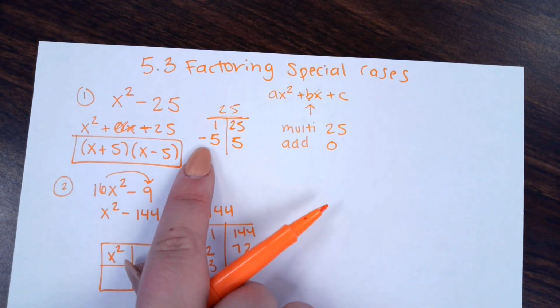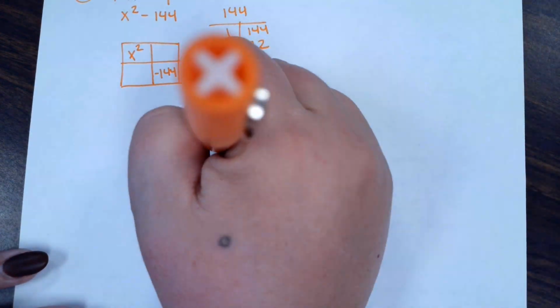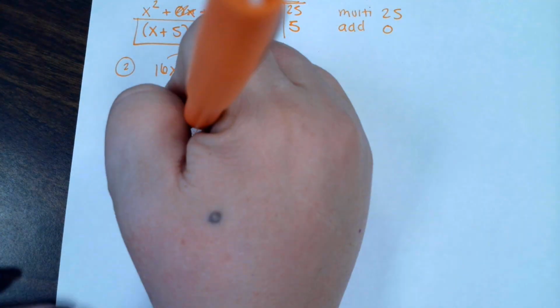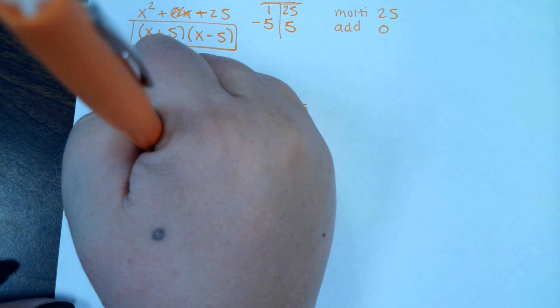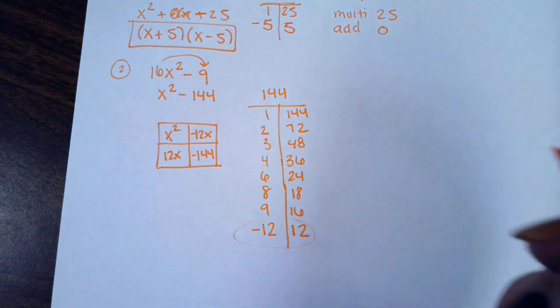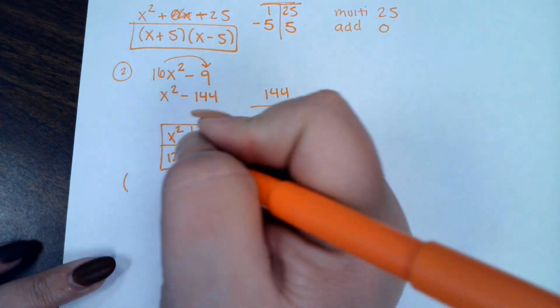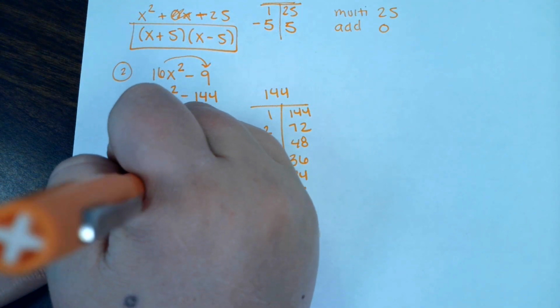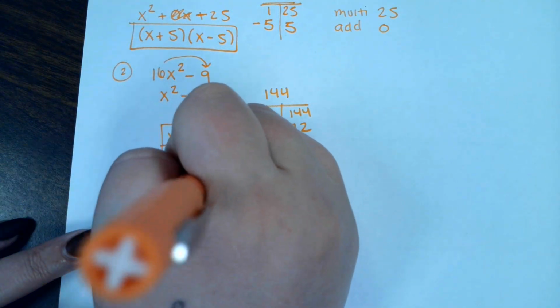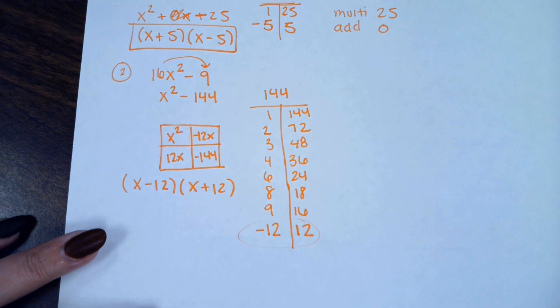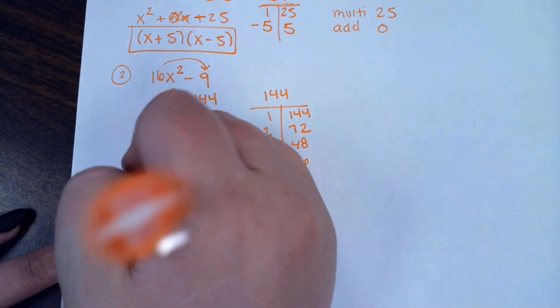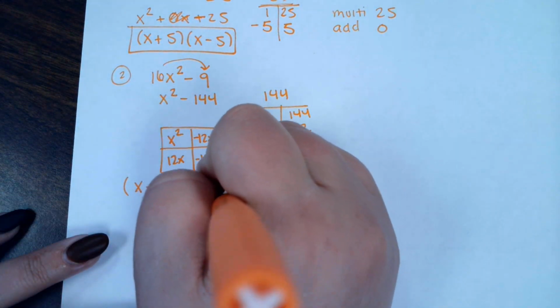Just like up here, how we had negative 5 and 5, we can do the same thing with 12. We just have to make one of those negative. So negative 12x and 12x. This will factor to x minus 12 and x plus 12. Remember, we were sliding and dividing here, so we've got to divide out our 16.